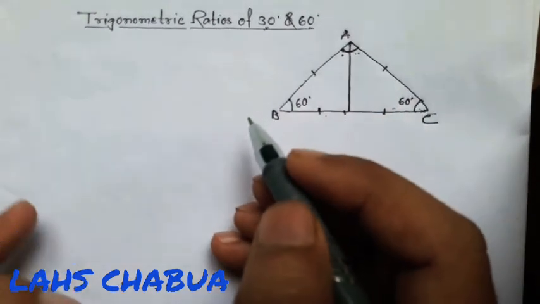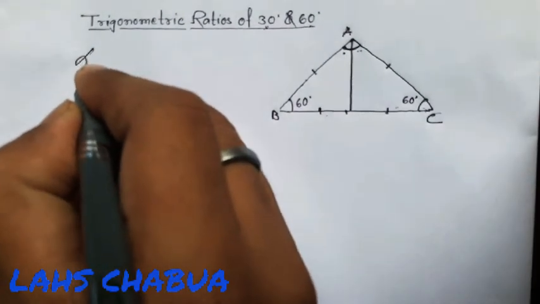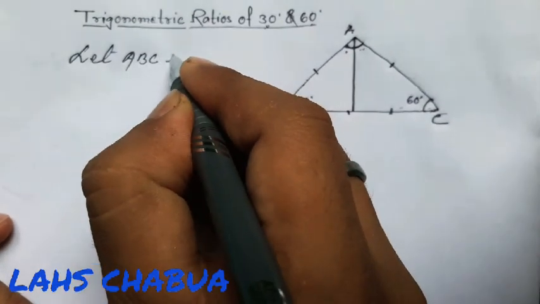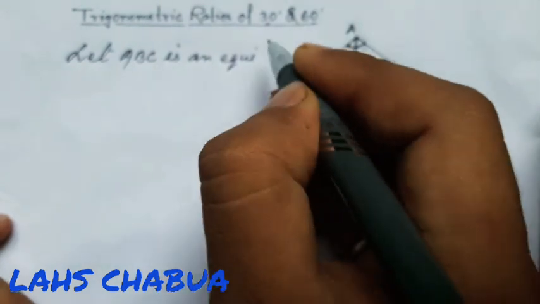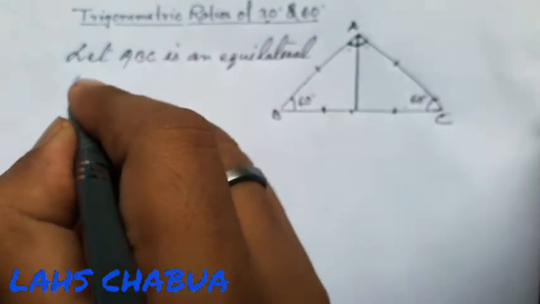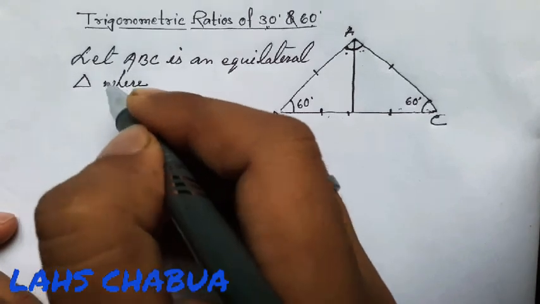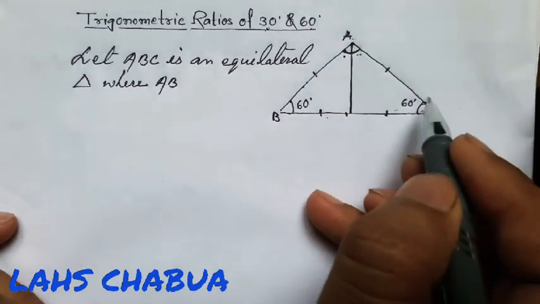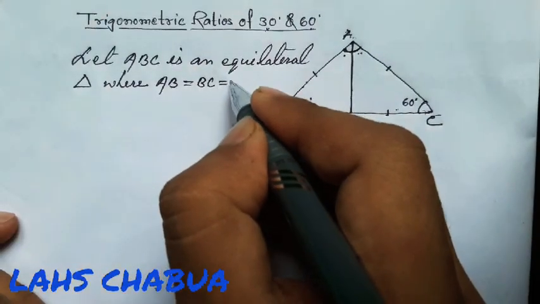Now we are going to start. Let ABC be an equilateral triangle where all the sides are equal, that is AB equal to BC equal to AC.